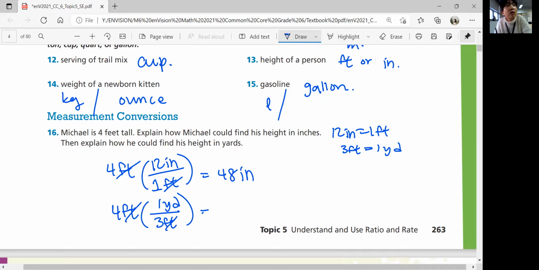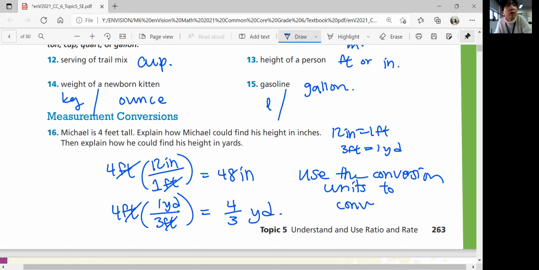And then you have yard as a remaining unit. So 4 feet is equivalent to 4 over 3 yards. Okay, so you would want to explain that. Use the conversion units to convert.